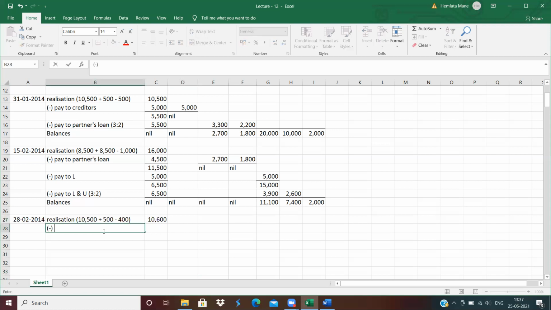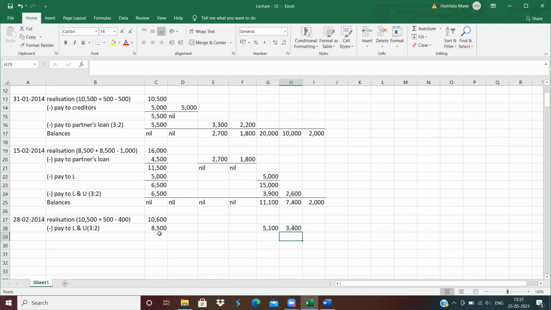Remaining amount is 8,500, which should be paid now in the ratio of 3:2. So L gets 5,100 and U will get 3,400.